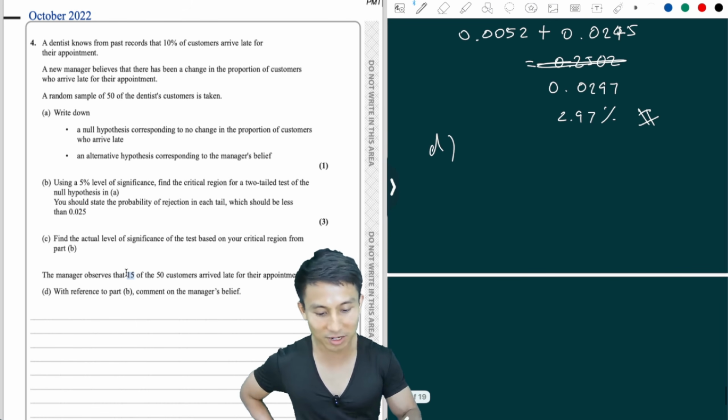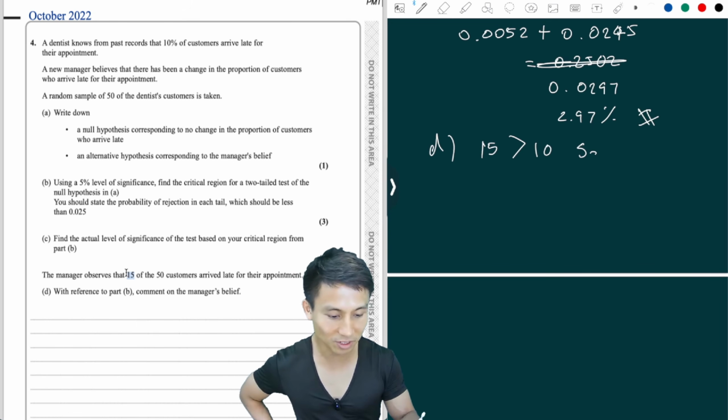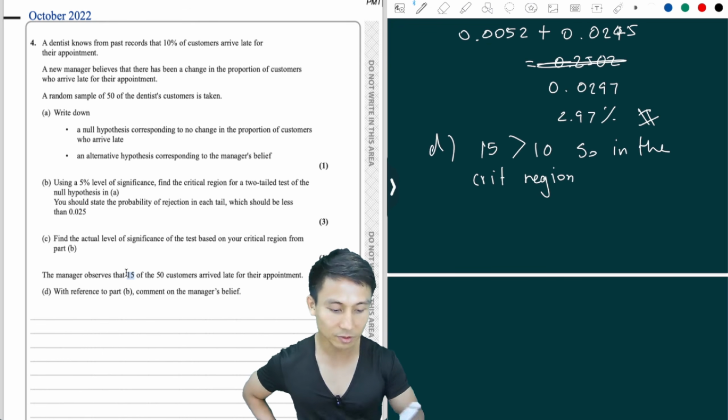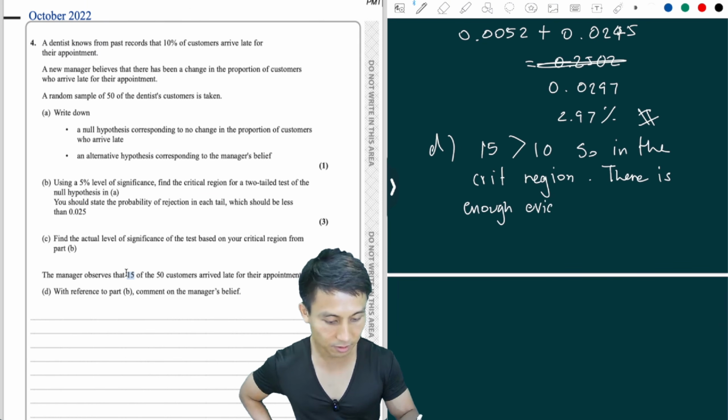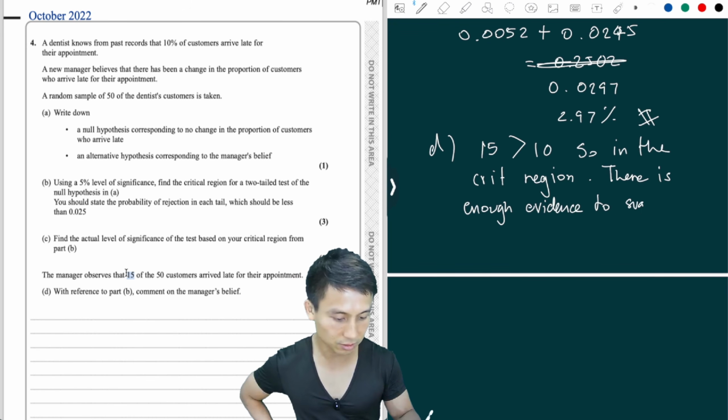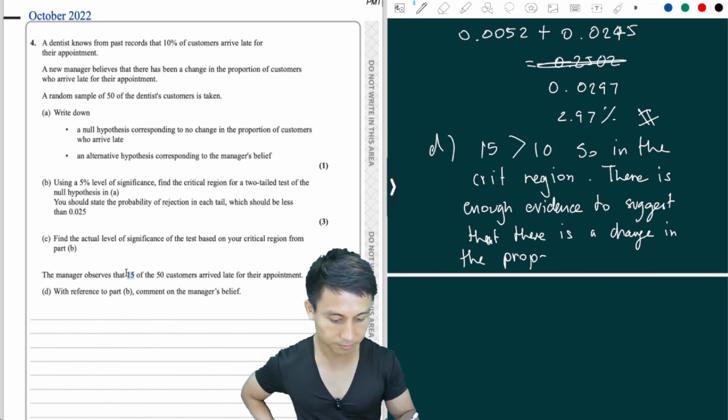So we say 15 is greater than 10, so it is in the critical region. So there is enough evidence to suggest that there is a change in the proportion of customers arriving late.